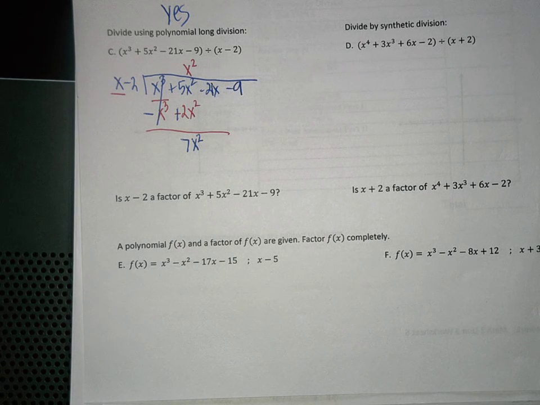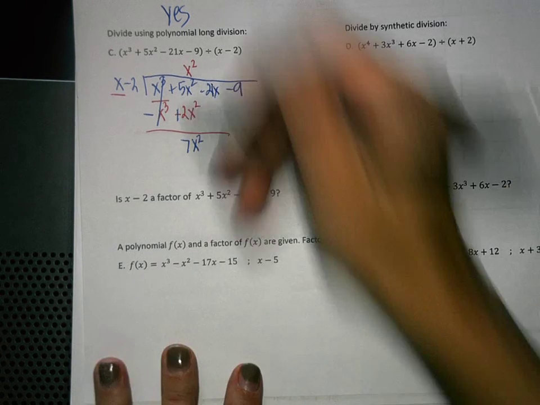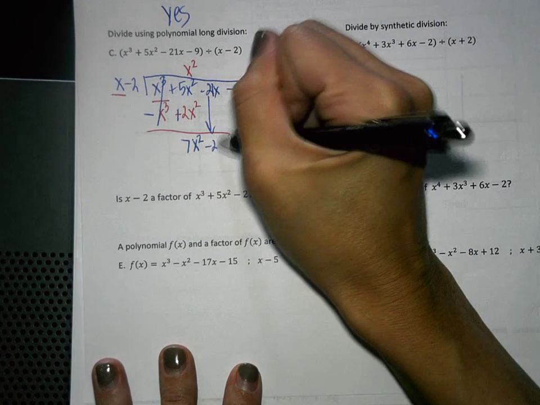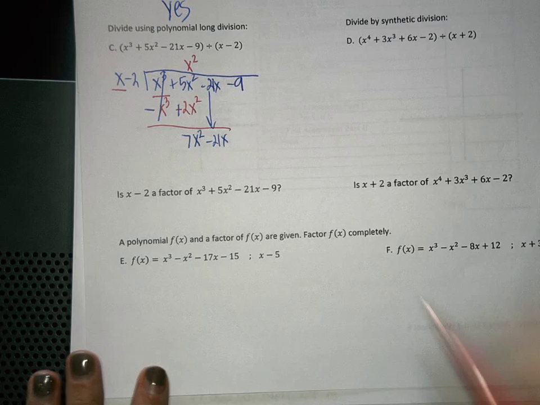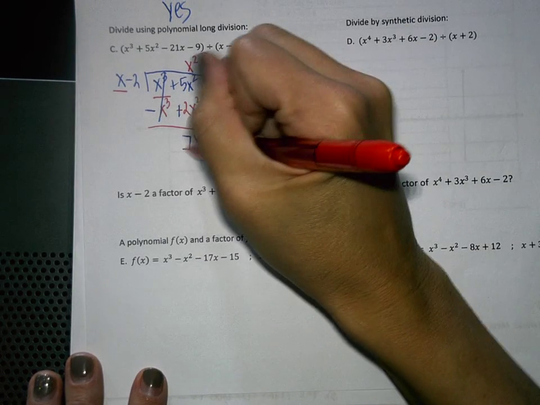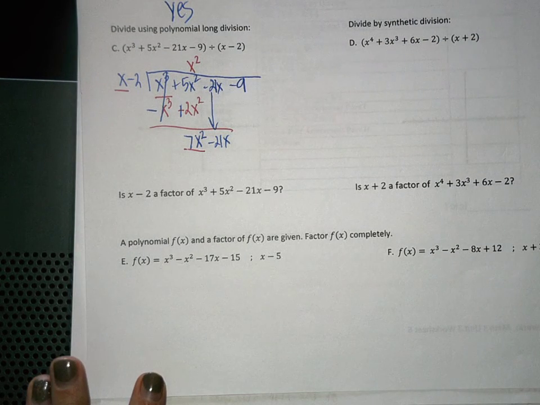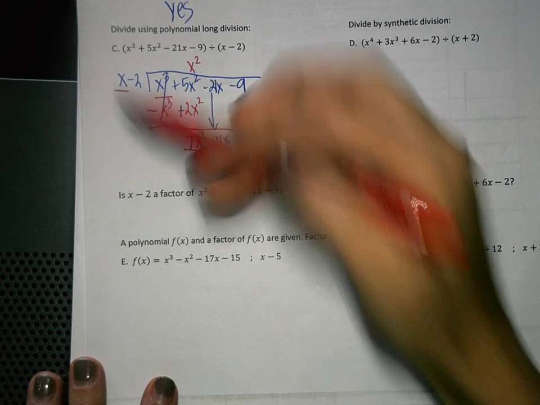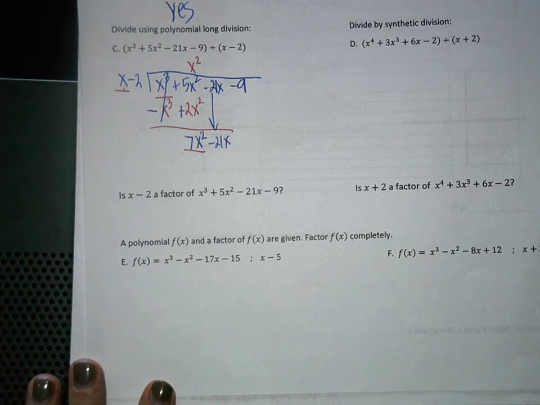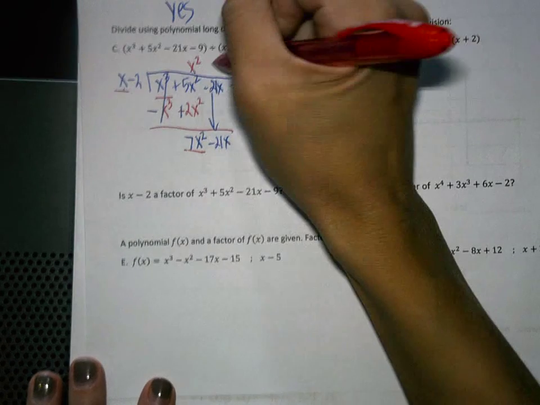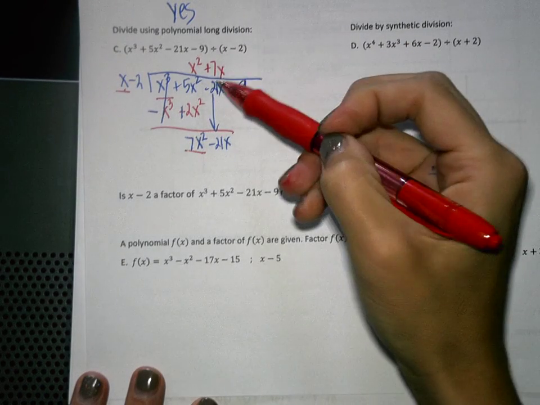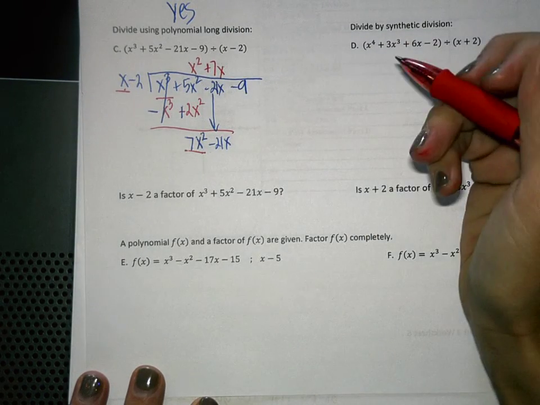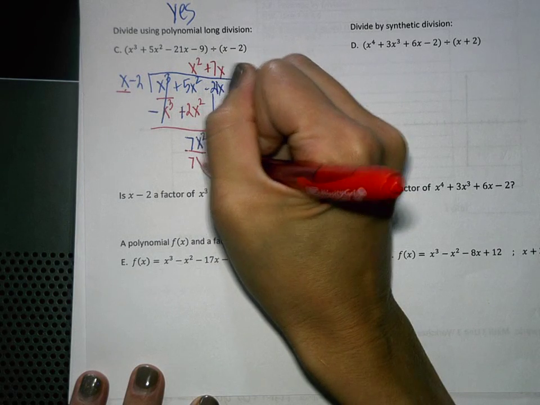All right, what's next? Very good. Bring down the minus 21x. And now I'm going to look at x and 7x squared. Correct? Okay, so x times what would make 7x squared? A positive 7x. So we go 7x times x, which is 7x squared, good.